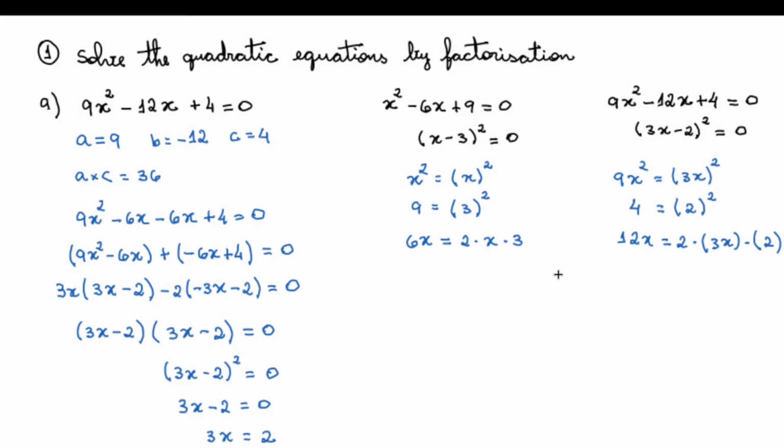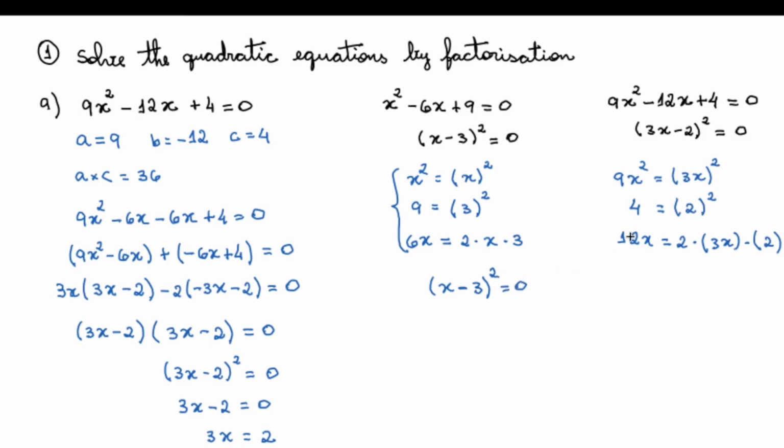Now look that for both equations, the square roots of the first and last terms are present in the factorized form of the equation. It means that when we want to factorize a quadratic equation in which these conditions are present, we can factorize it as the square root of the first term, x in this case, minus, because the sign of the middle term is minus, the square root of the last term, 3.